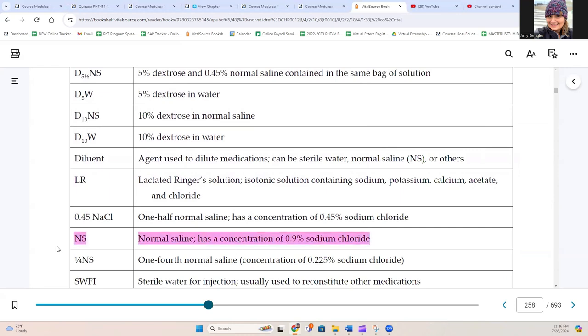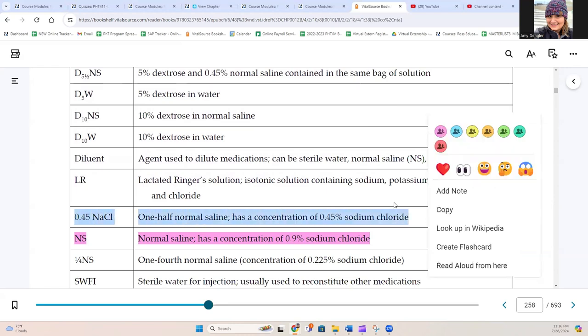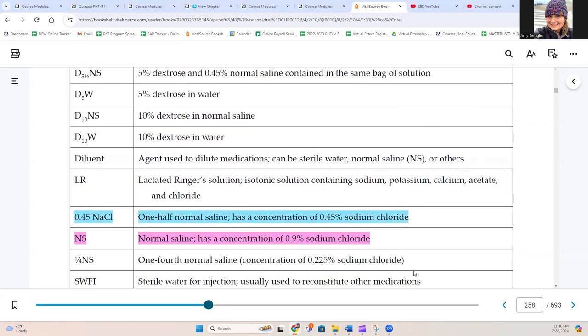So that's a very important one to know and memorize. And then also this one right here, which is 1/2 normal saline. If you divide 0.9 in half, you get 0.45%, and that is where that percentage comes from.